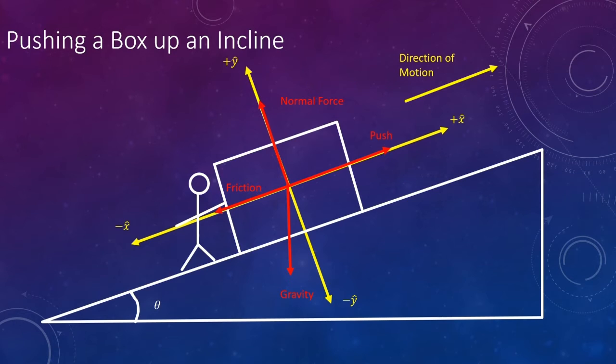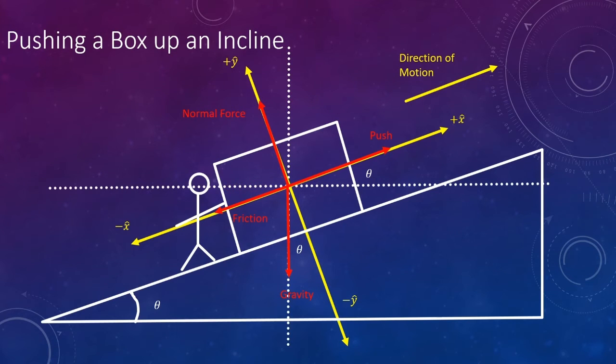So then that begs the question, okay, well, how do you get those x and y components of gravity in this new coordinate system? What you can do is just superimpose dotted lines that would be the horizontal and vertical.